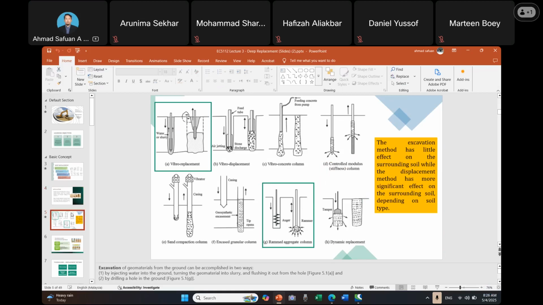This is from slide number 3. The excavation method has little effect on the surrounding soil, while the displacement method has a more significant effect, also depending on the soil types. So there are two types of installation. They are called the excavation method and the displacement method.